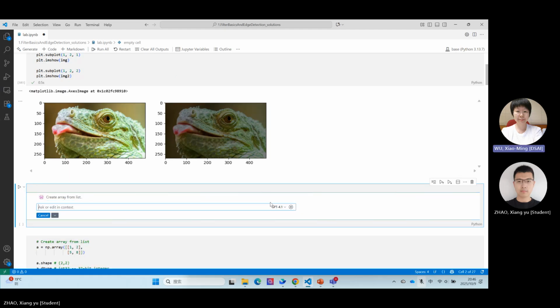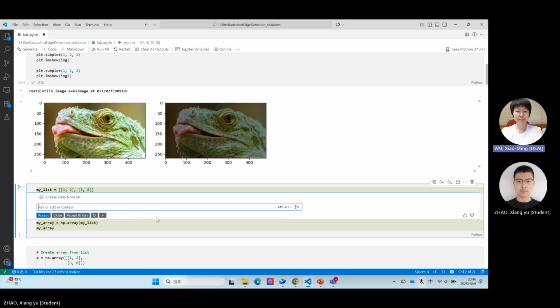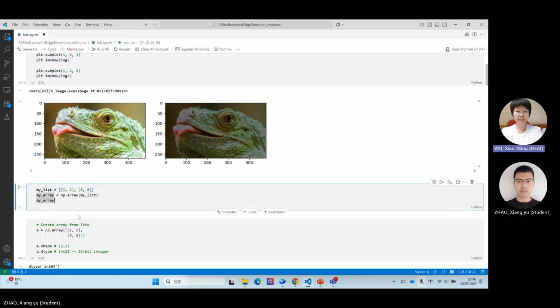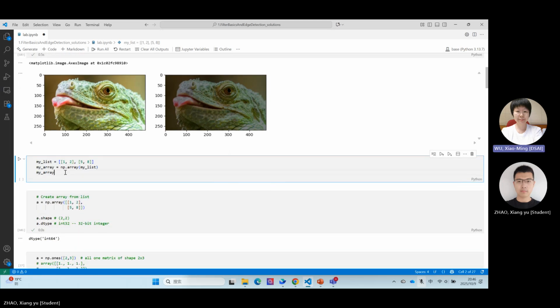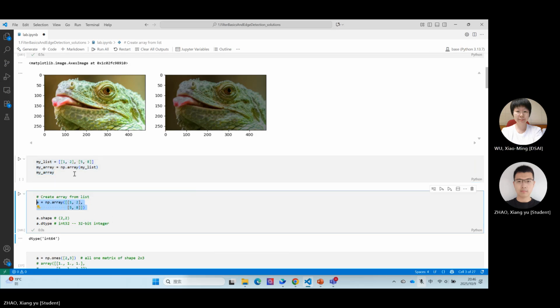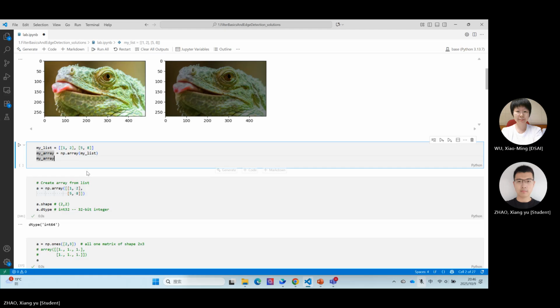Then it can generate the code for you, and you can just run this. Okay, accept. The Copilot writes code similar to the code written by yourself. It's very convenient.